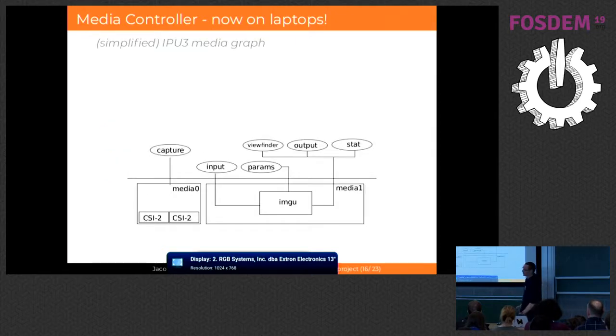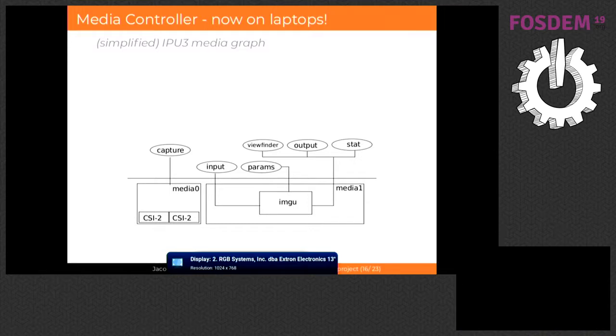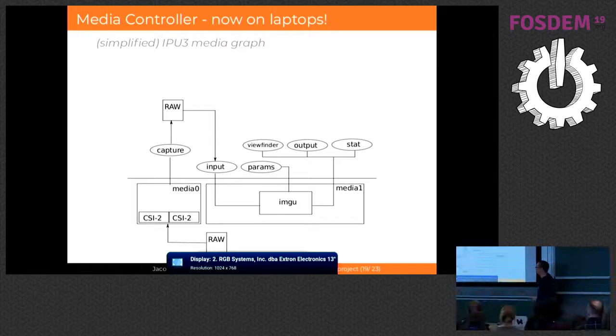Just to give an idea how an ISP works, that's a simplified model of what happens on the IPU3. So we have two different blocks. The IMGU, imaging unit, does all sorts of complicated transformations.